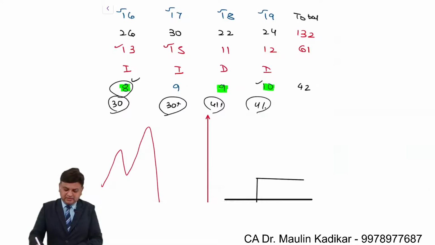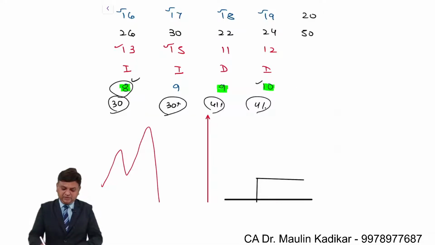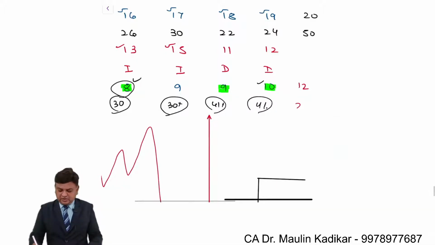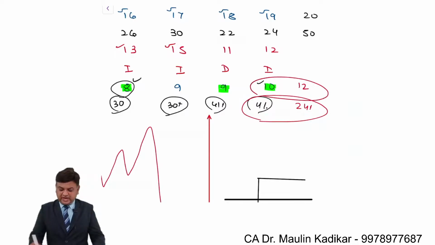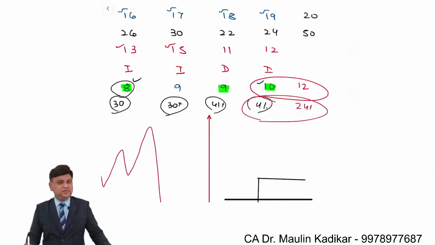Let us assume that in the year 2020, because of some reason, you are able to have a huge earning per share, let us say an amount of 50 rupees per share. In this year, if you pay dividend of rupees 12, even in that case the investors are happy. Investors will not think that there is a substantial decline in the dividend payout ratio. Investors will make a comparison of the absolute amount of the dividend. That is what this theory says.